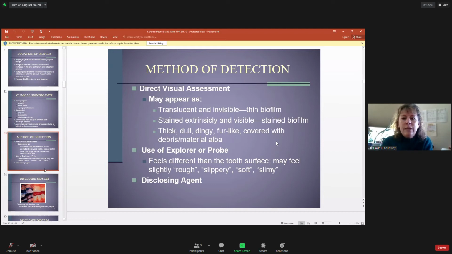This translucent invisible first bullet here is patients who do a pretty good job brushing, and that's the daily buildup, and then they brush it back off. The thick, dull, dingy, fur-like, covered with materia alba and debris is areas of patients not brushing. It's plaque, it's organized bacterial layer, but it's thick because it's just building layer upon layer.